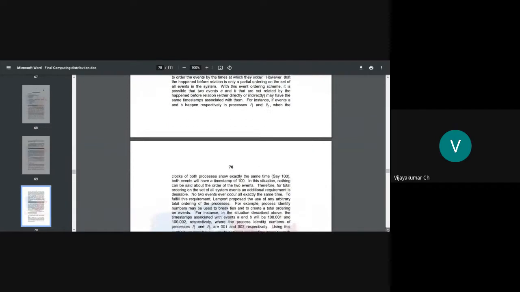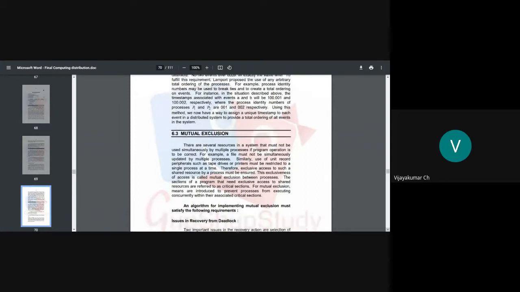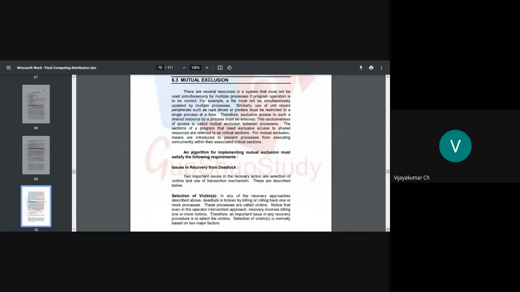After that, what is mutual exclusion? Just see mutual exclusion. There are several resources in a system that must not be used simultaneously by multiple processes if program operation is to be correct.